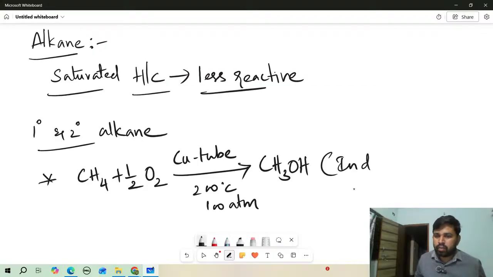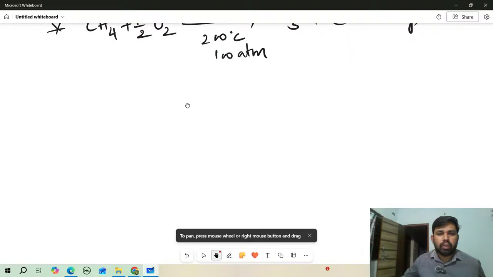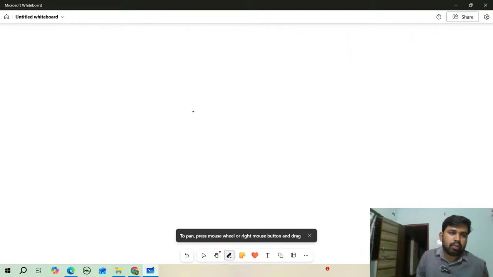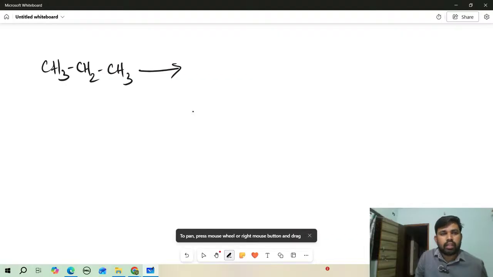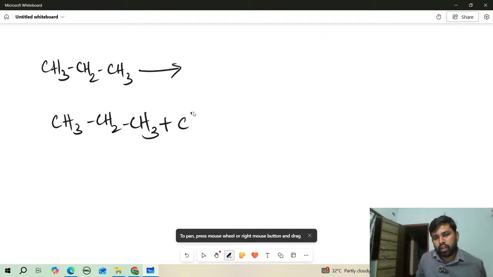Now, coming to the remaining alcohols, suppose we have another primary alcohol, suppose we have CH3CH2CH3. First they will convert it into an alkyl halide. For this CH3CH2CH3, they will add chlorine.